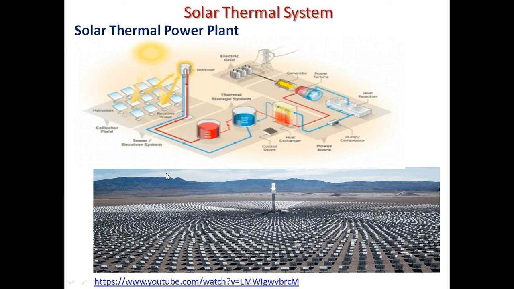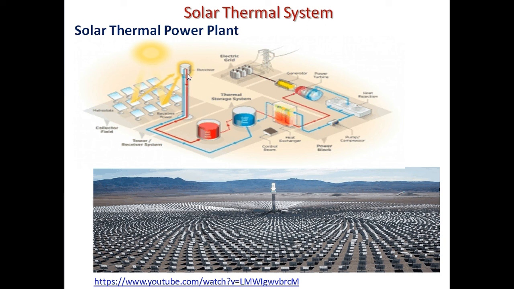So you can see all these are mirrors. Okay, see, this is the mirror which is actually focusing all my solar light onto this tower here. Okay, there's a solar tower, and on that tower a huge amount of temperature is being generated, about 1500 to 1600 degrees centigrade at some places.